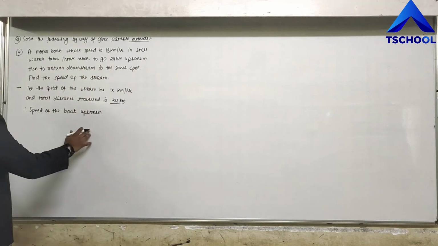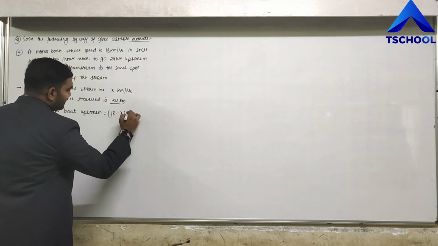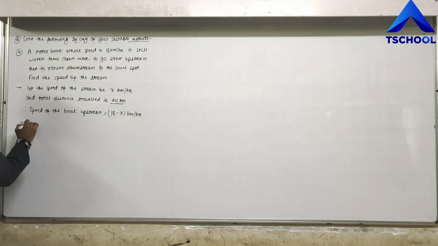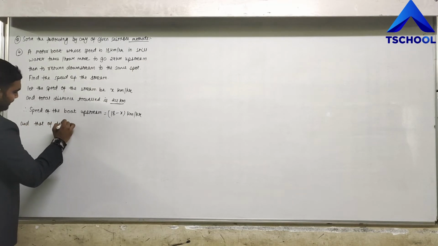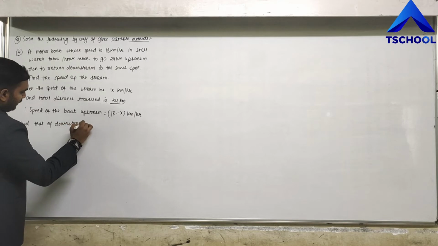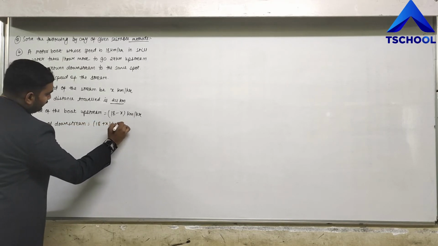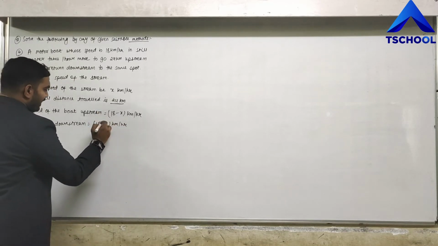That means speed of the boat upstream is equals to 18 minus x kilometer per hour, and that of downstream is equals to 18 plus x kilometer per hour, right?